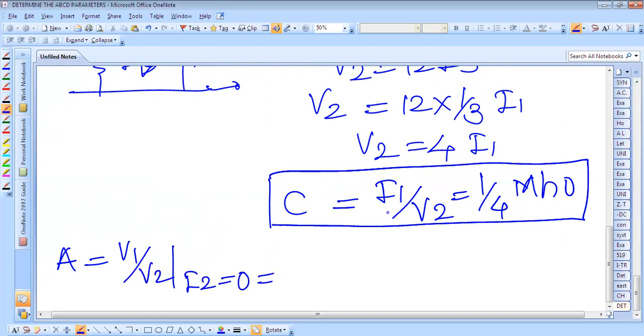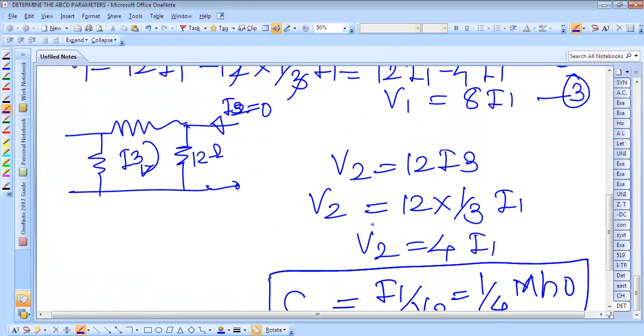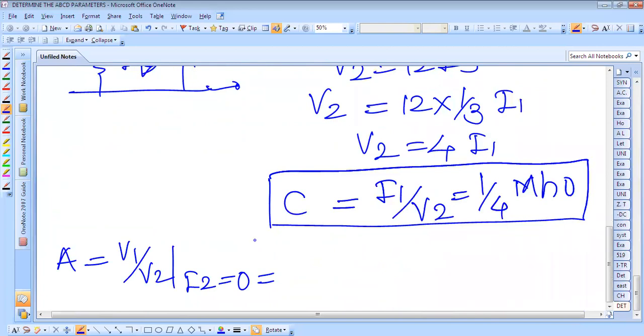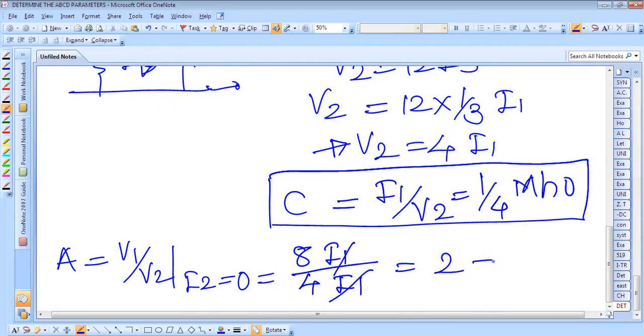So we have got V1 is equal to 8 I1, and V2 is equal to 4 I1, so this is 2, so this is A parameter. So now the two parameters that remain are B and D.